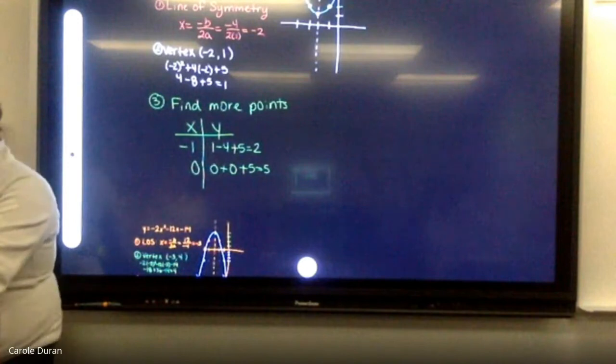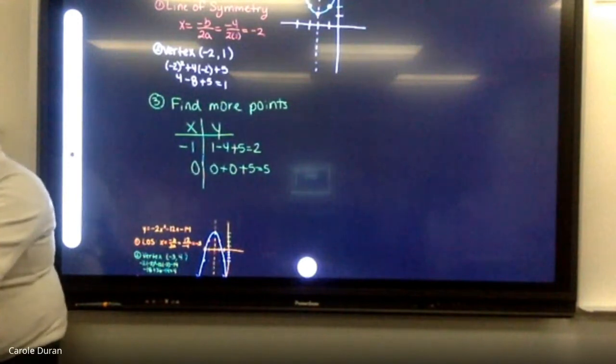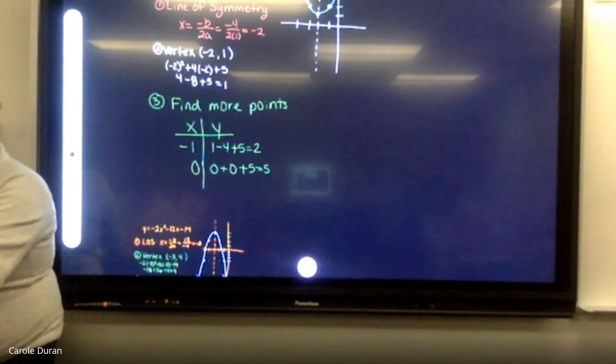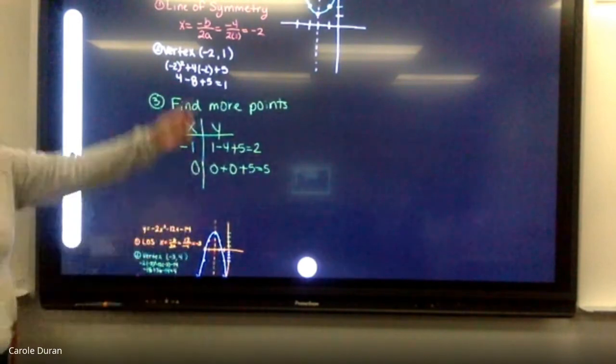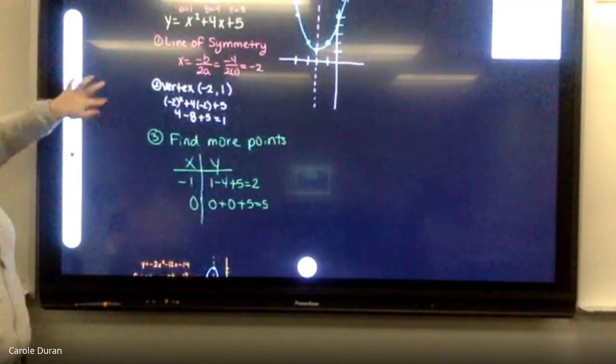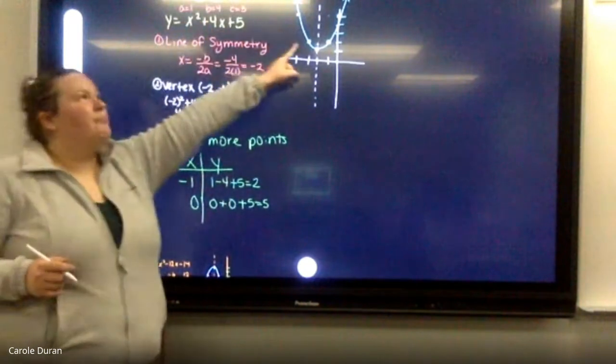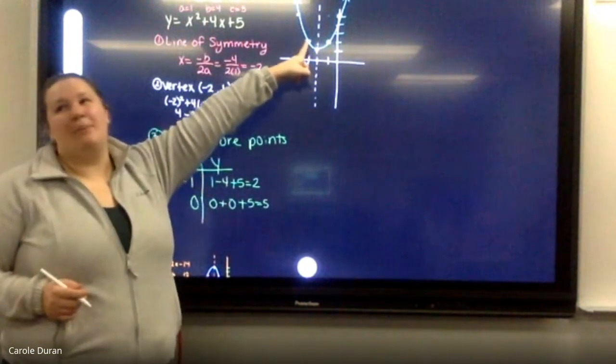What do you mean by the first point, Ebony? Like the first point that you find. Nope. Say it, Eli. If what is positive or negative? The A term. So that first number in front of my squared, if it's positive, like in this example where it was a positive 1, my parabola opened up like a cup.